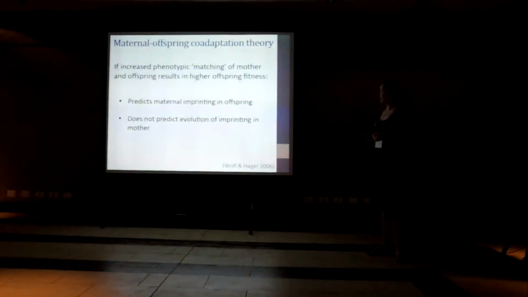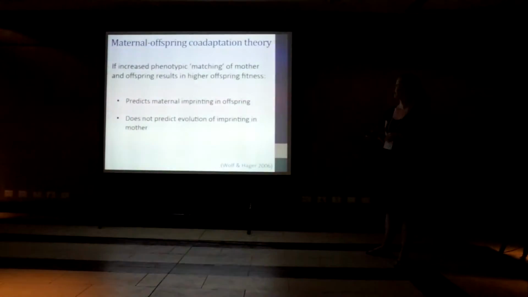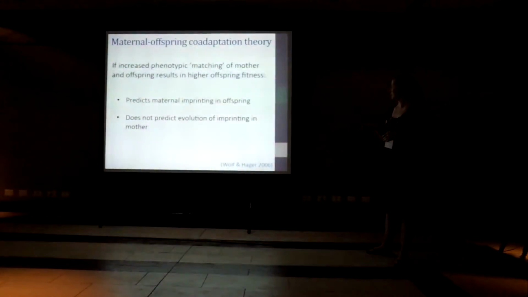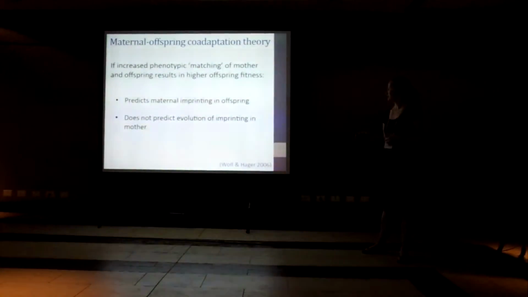And so by expressing the maternal allele, they're going to increase their phenotypic matching with their mother. The model doesn't predict evolution of imprinting in the mother, which we do often see, and so there must be other processes that explain this.